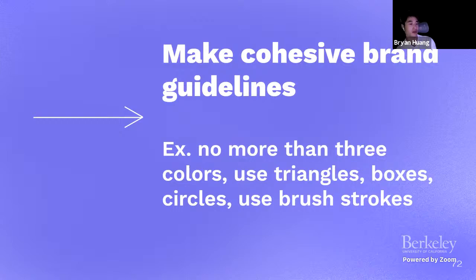Then the very important thing, I think, is to create cohesion or unity in your illustrations, similar to the rest of your brand. You really want them to read as a cohesive whole.